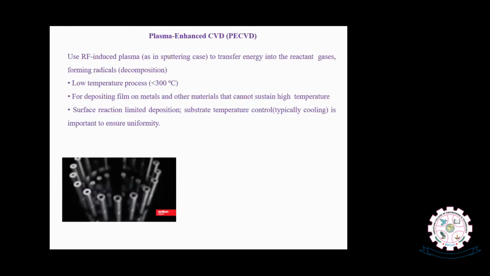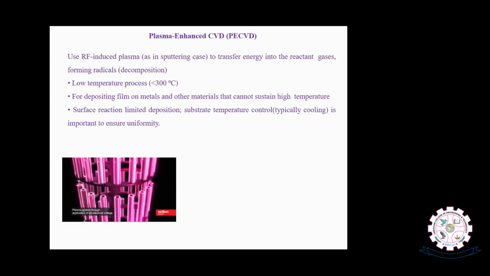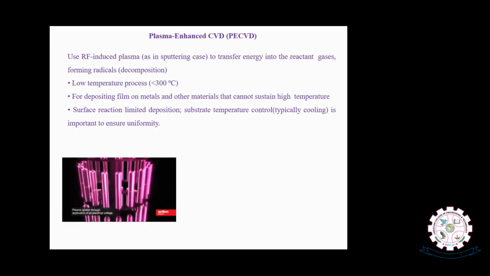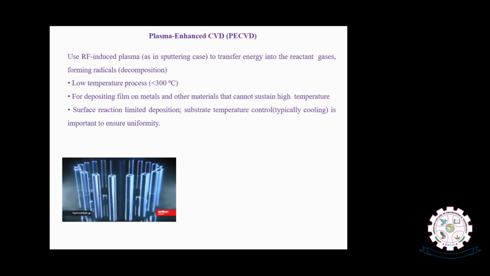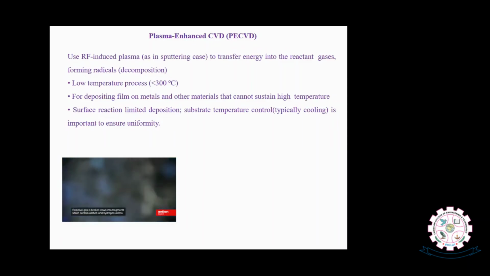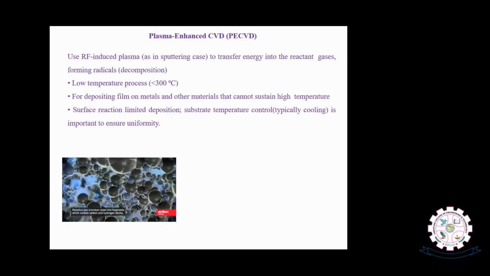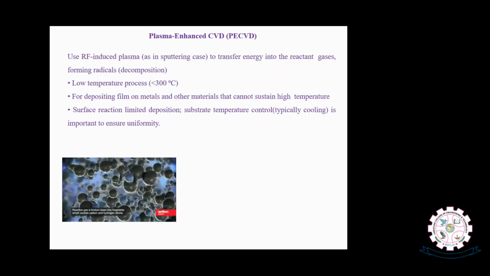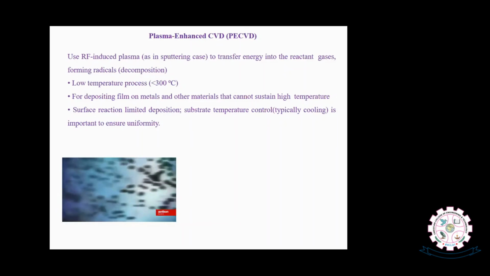In this case, see, this is the system, how the PECVD looks. See, the plasma is created here. That is where that pink color is coming from, and the gas molecules are coming. Now the pink color has changed. You see that? There is a breaking of the bonds between the gas molecules occurring.